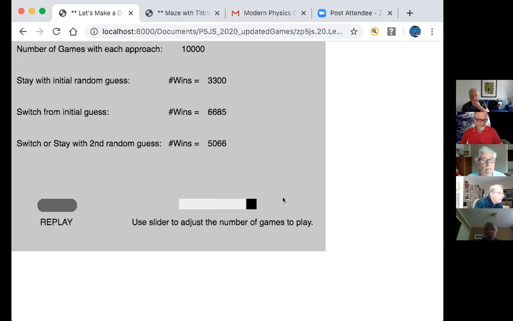And if you go all the way up here to, I guess, the 100,000, you just see it all over again. So your intuition tells you, well, wait a second, I've got to guess one way or another. You're going to win about 50% of the time. If you stay with your initial guess, if they give you 100,000 chances, 33,000 times you're going to win. But if you switch every time, you're going to win 67,000.